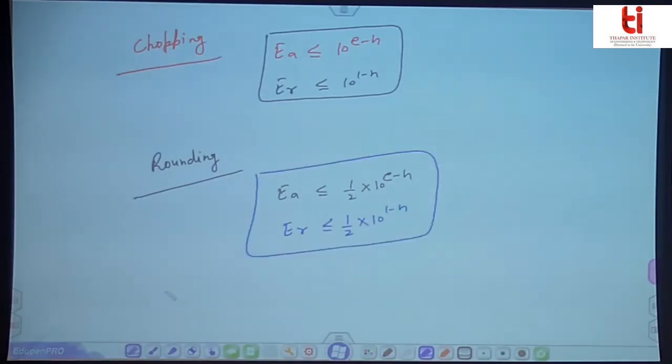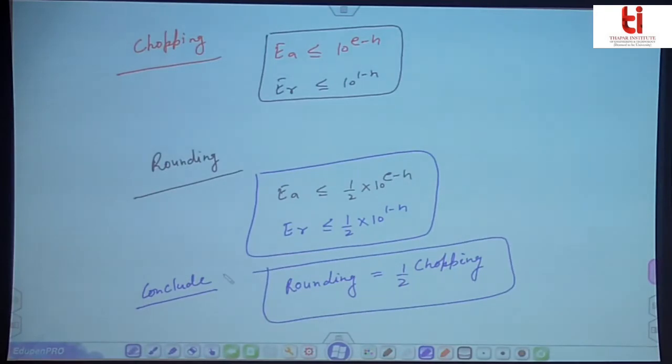So what we can conclude from here is that rounding is equivalent to half of chopping. So error due to rounding is half of the error due to chopping.